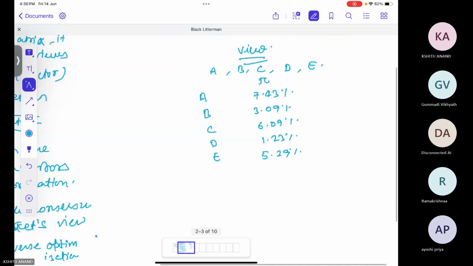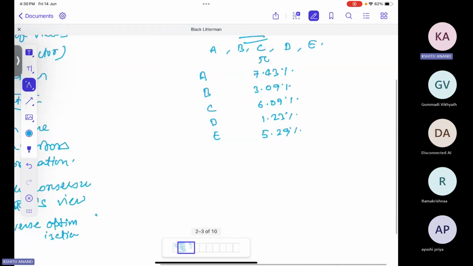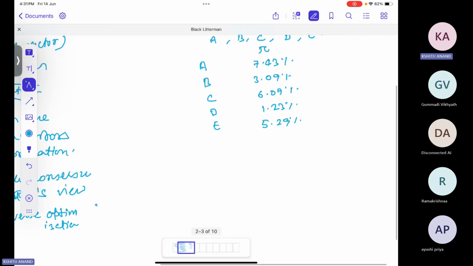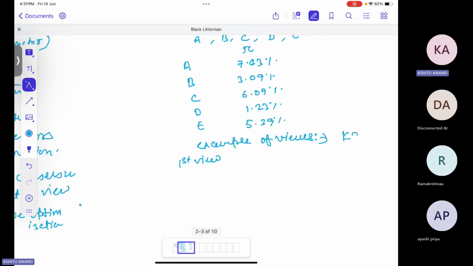Now we are about views. So let us just have some views about the market. So example of views. So I am adding some views. This is the first view. I will be taking 4 views, so basically k is equal to 4.